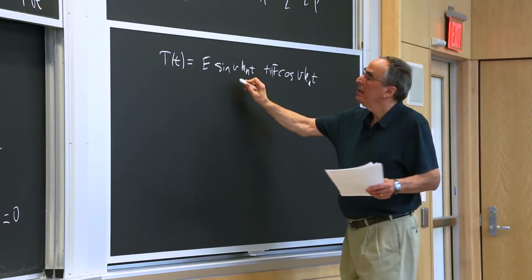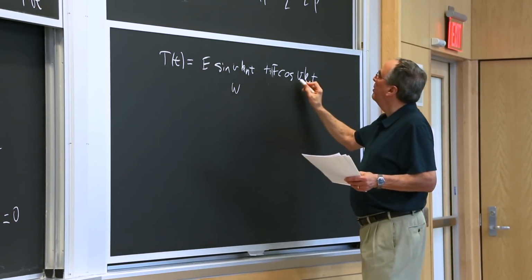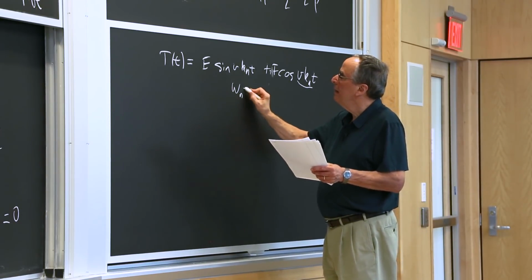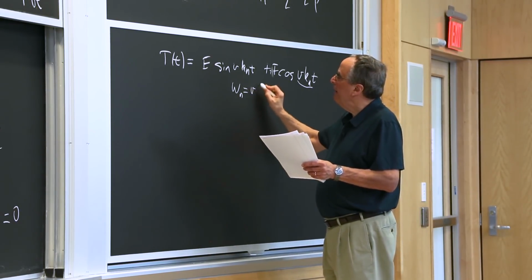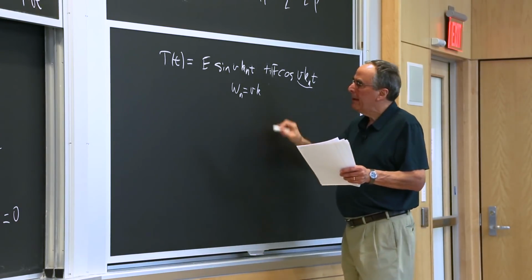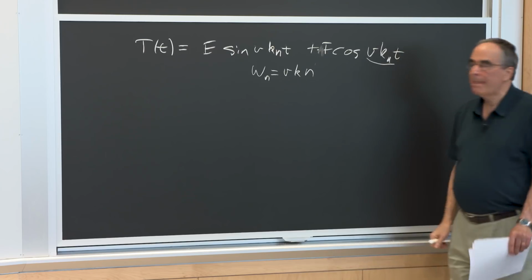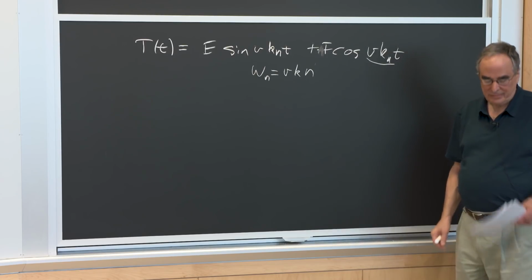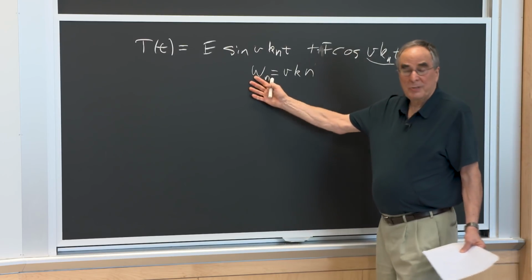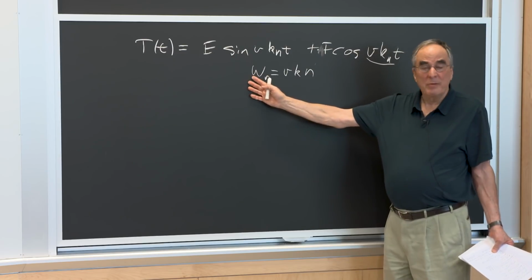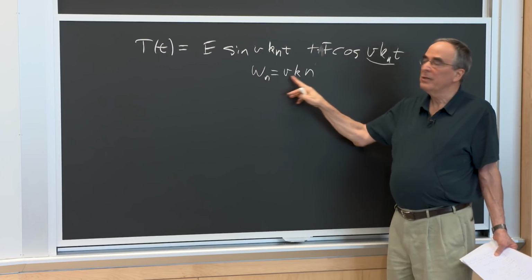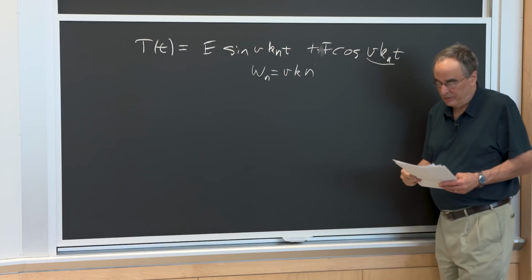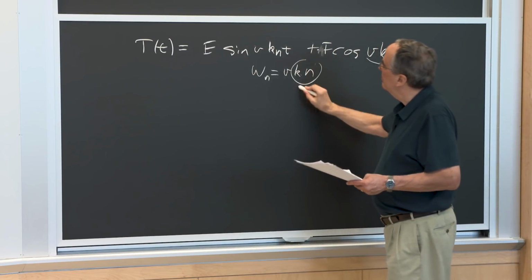And we can say that rather than carrying around all this stuff, omega n is v k n. Isn't that nice? So we have a frequency for the time-dependent part, which is an integer multiple of this constant v times this vector. Or you can think of this as just k sub n.